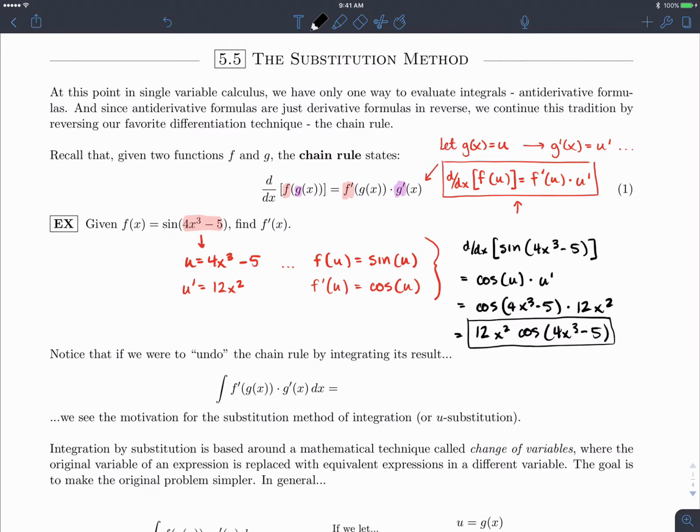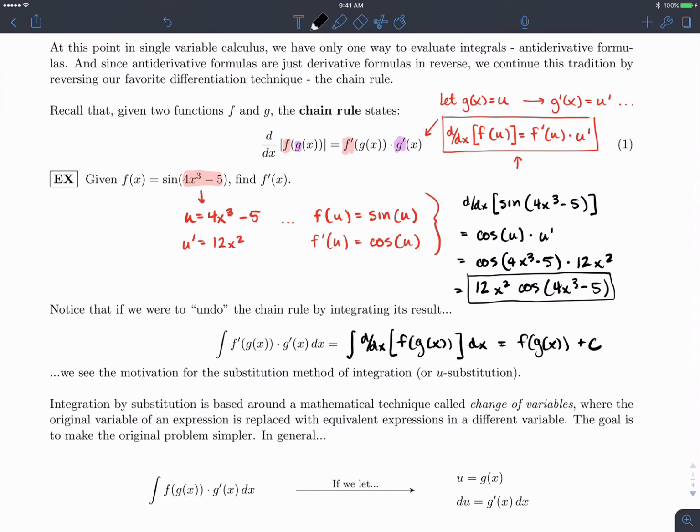So that's just going to be the integral of the derivative of f of g of x dx, which would just leave us with f of g of x plus c. And this leads to the motivation of the u substitution method: if we have an integral that matches this form right here, we could integrate using substitution.